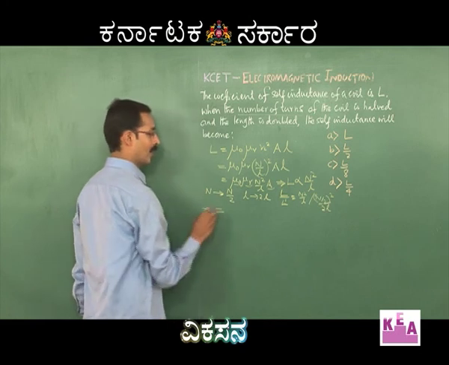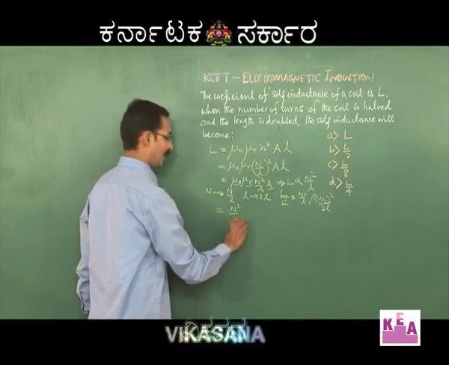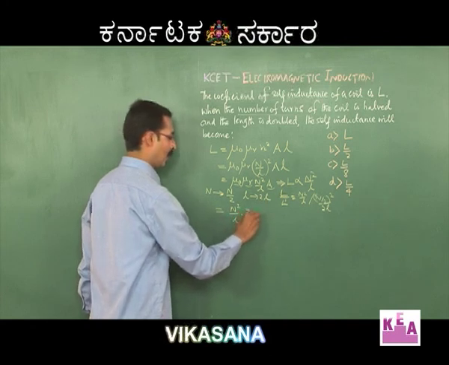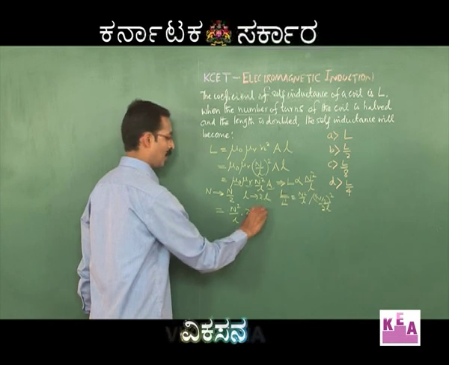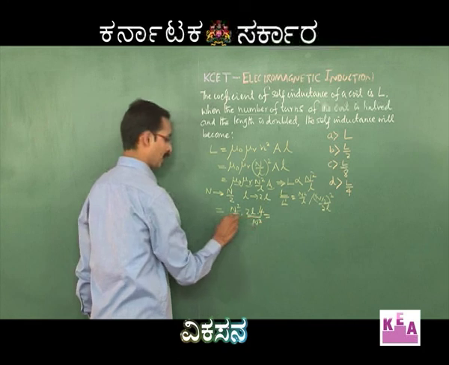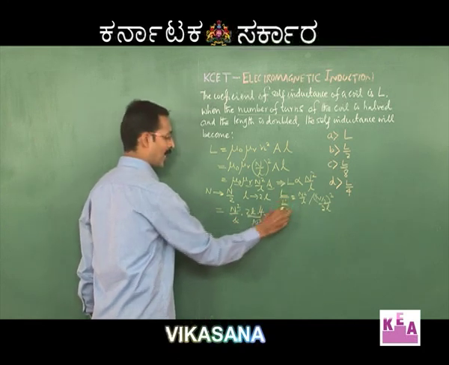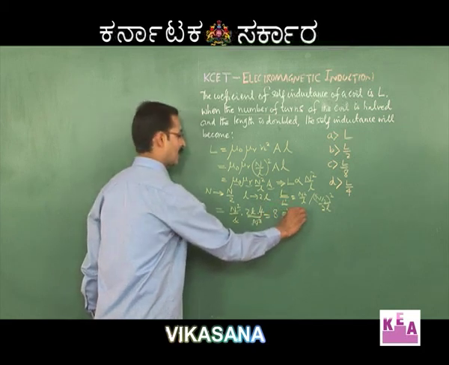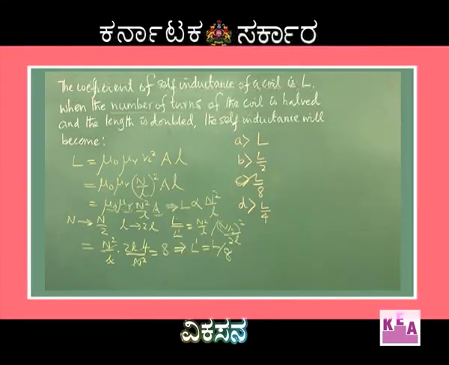This is equal to N square by L into 2L divided by N square into 4. This 2 square is 4. That gives me N square gets cancelled, L gets cancelled, I get 8. L by L dash is 8. Therefore, L dash, the new self-inductance, is equal to old self-inductance divided by 8. The answer is C, L by 8.